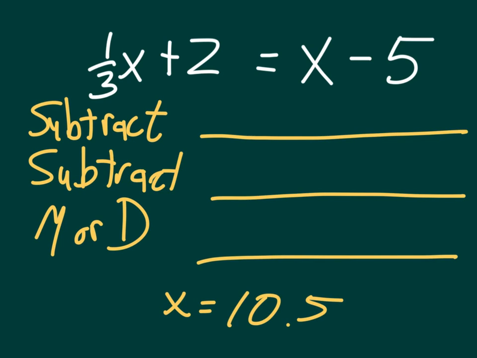Like I said, no work, no credit. You need to show some steps in here. Even if they're wrong, show me what you're thinking and how you're going about it. What's the first subtraction that you're doing? What's the second subtraction you're doing? Then are you going to multiply or divide? If you get an answer different than 10.5, just know that you did something wrong, and we'll figure it out when you come to class. But I want you to show your work, even if it's wrong. Do not leave it blank. That's it. Do that. We'll see you in class.